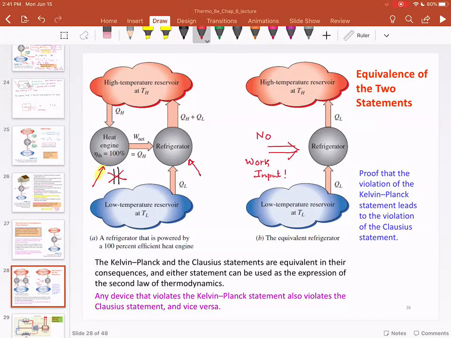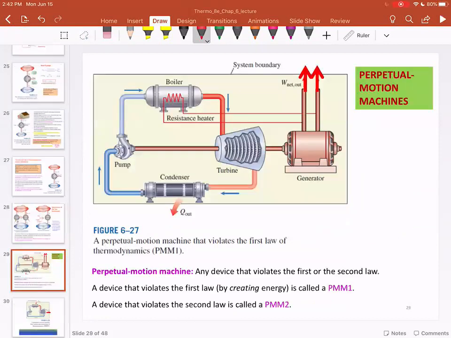Now, moving on, let's look at the concept called the perpetual motion machine. A perpetual motion machine means a machine that violates the first or second law of thermodynamics. And to be honest with you, perpetual motion machines are not possible.